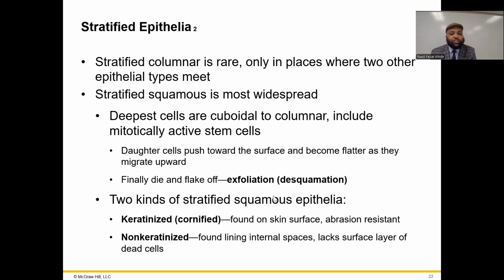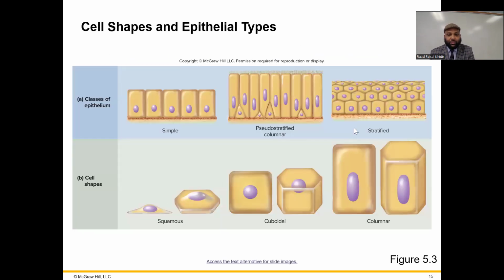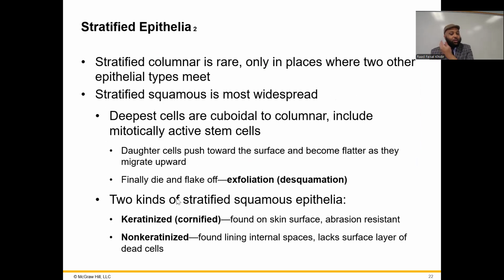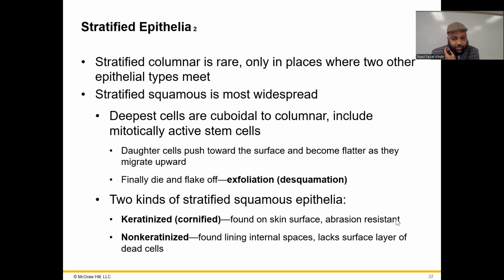There are 2 types of stratified squamous. These are the keratinized, cornified squamous epithelium, found on the skin surfaces, and they are abrasion resistant.